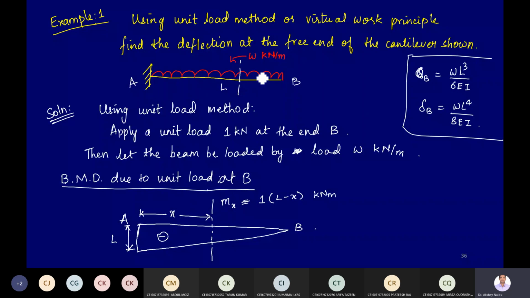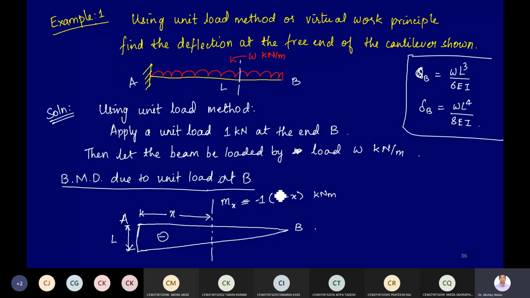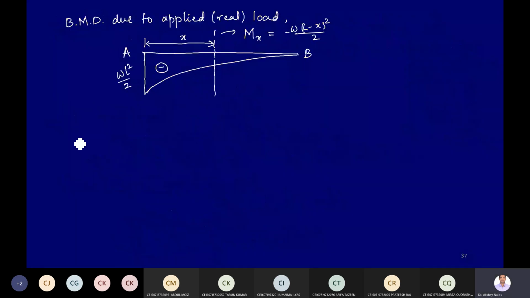At this point, due to this load W, it is W into L minus X into L minus X by 2, which is W times L minus X whole square by 2. Of course, both these bending moments are negative, by the way.